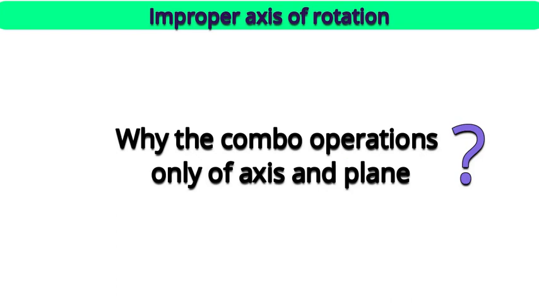Now, you may have the question: why do we consider this combo operation only for axis and plane? We can consider it for axis and inversion also, or plane and inversion also. In true sense, for axis and plane, the angle between them gives an exact decision. Suppose I consider inversion and axis as a pair, then inversion is just a point.